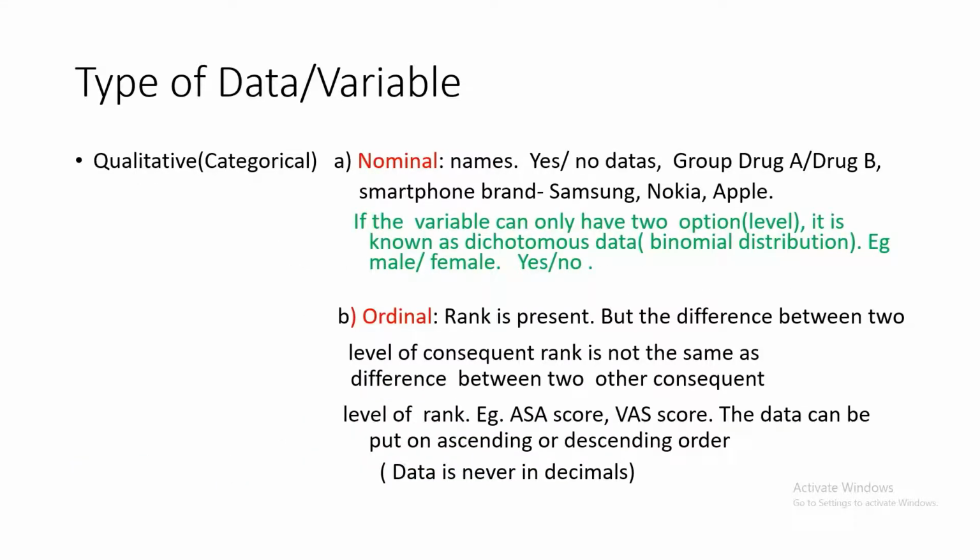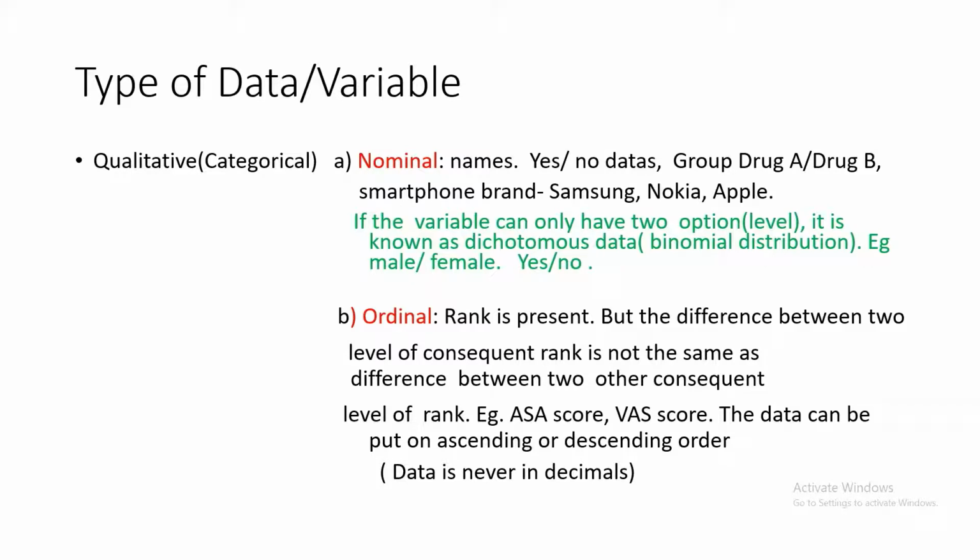So we have covered quantitative data. Now we'll move on to qualitative data. There are two types of qualitative data, nominal and ordinal. Nominal means names. Suppose we have group A, group B, group C in our study. The group is nominal data.